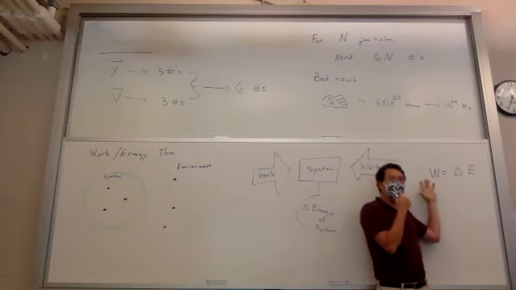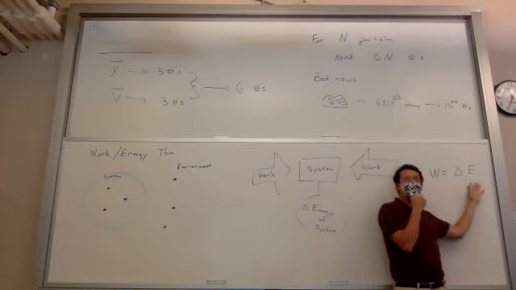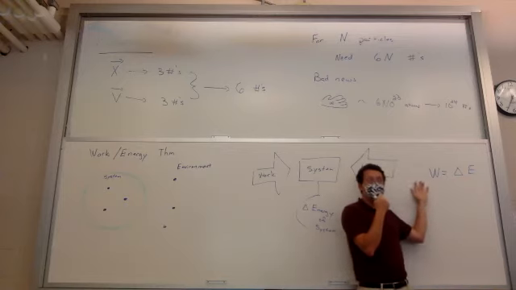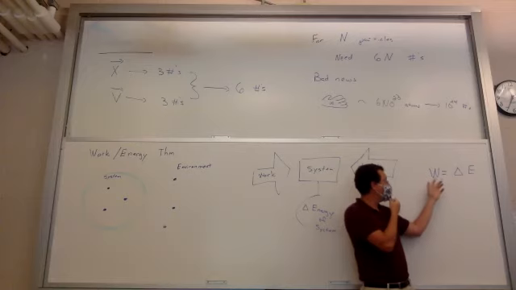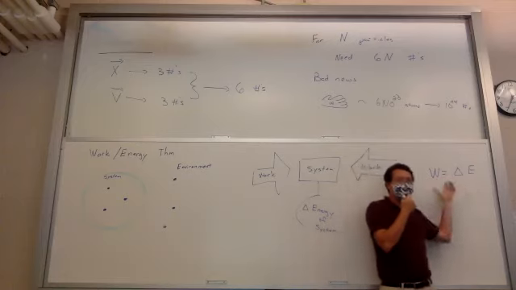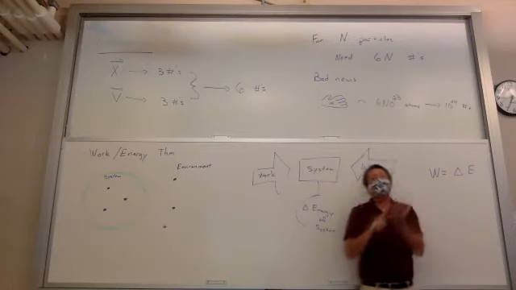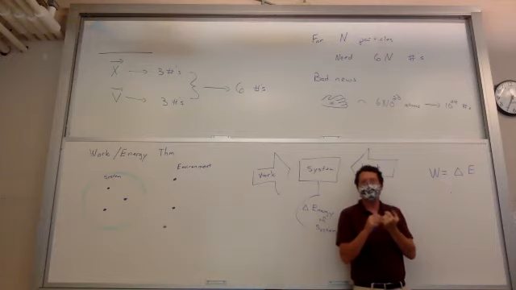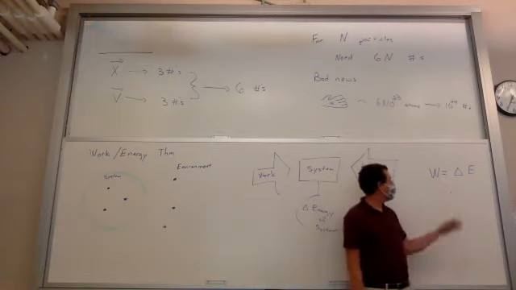We'll tend to put the things which are system dependent together on one side, and things which are interaction dependent on the other side. We'll do that all semester. You should think about these things. They're different. They have the same units. Both are joules, but they're different in the way that they can behave.